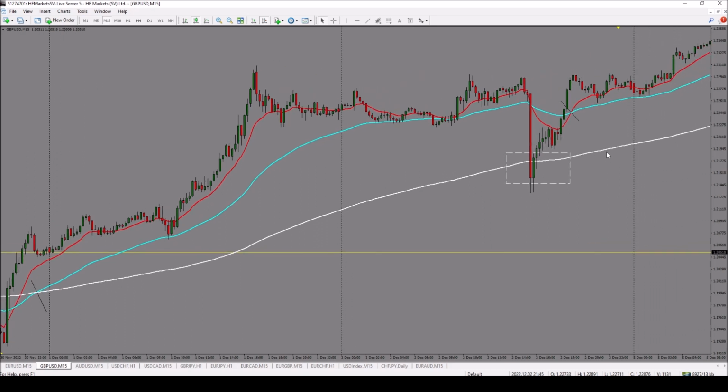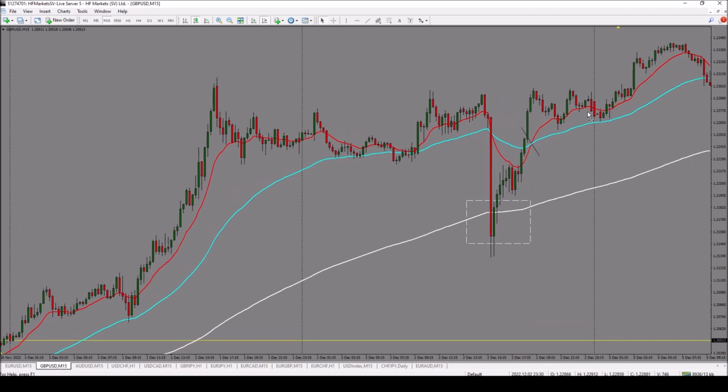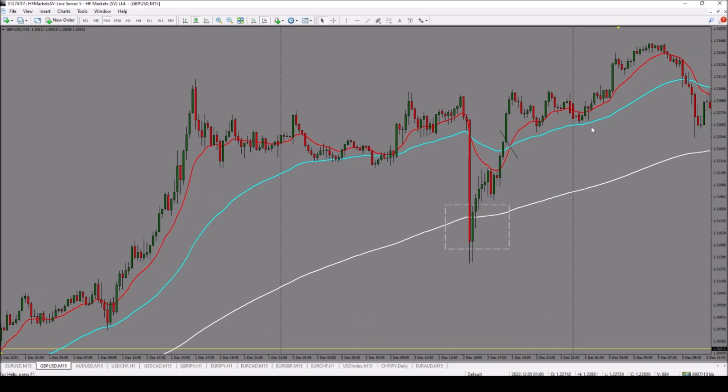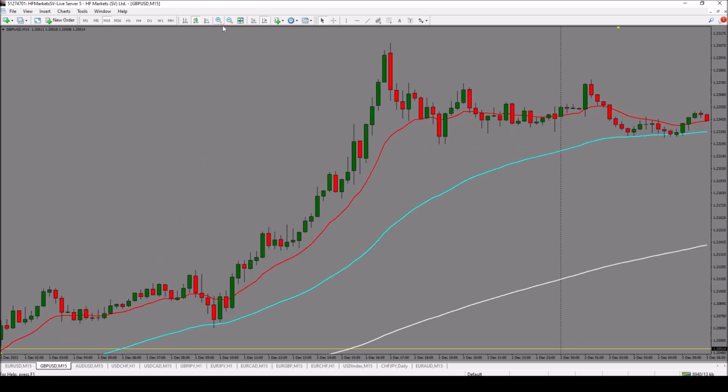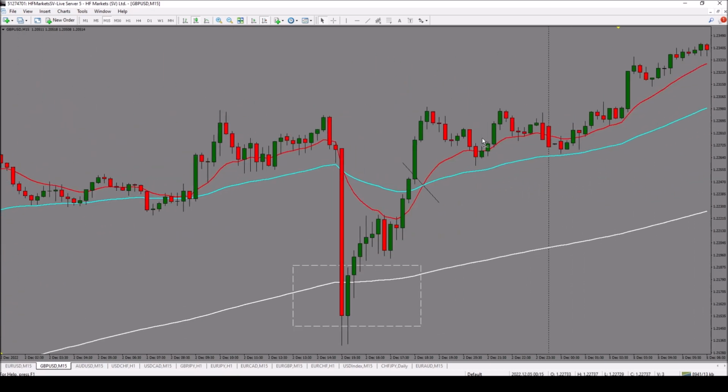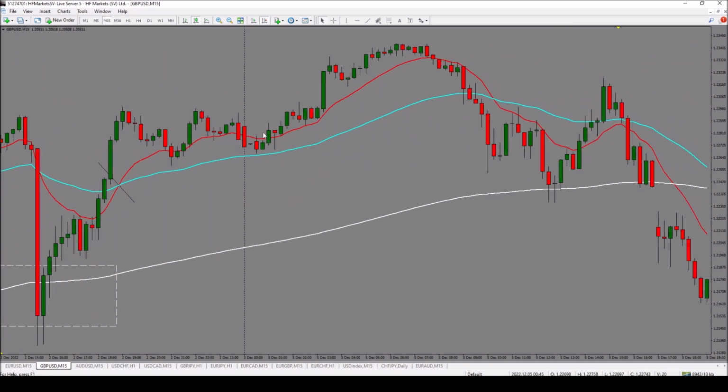From that, we need a retest of the 50 EMA to give us an entry point, and on that retest we need to see a candlestick reversal pattern, which occurred at this point. We can see an engulfing pattern that occurred at this zone. That is where we made our entry, and 50 pips was attainable. So basically that is what we'll be doing.